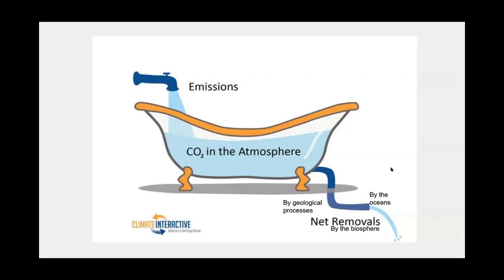Natural processes like the oceans and geological processes can absorb some of that carbon dioxide, but not fast enough. And so the levels have been rising, and they'll just keep rising if we don't turn off the spigot. And even if we turn off the spigot, there's still going to be a lot of excess carbon dioxide relative to the Goldilocks level that was there before. So hopefully that analogy helps in one way.